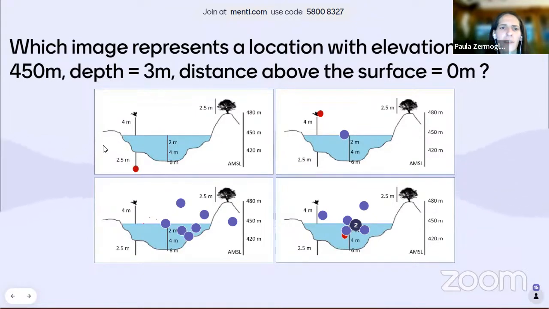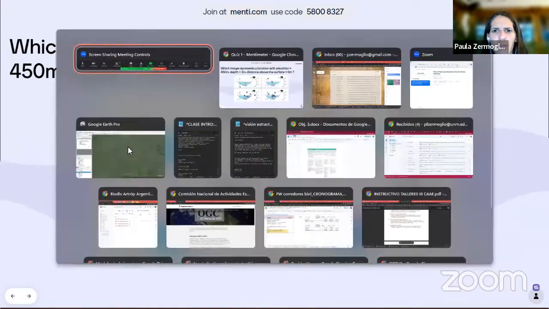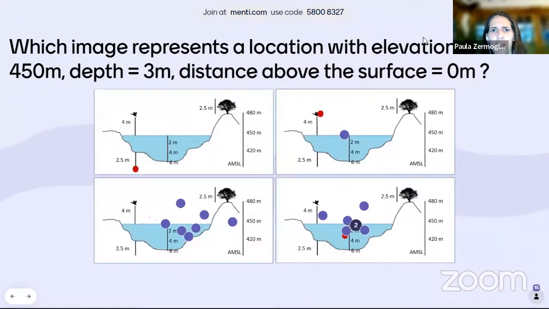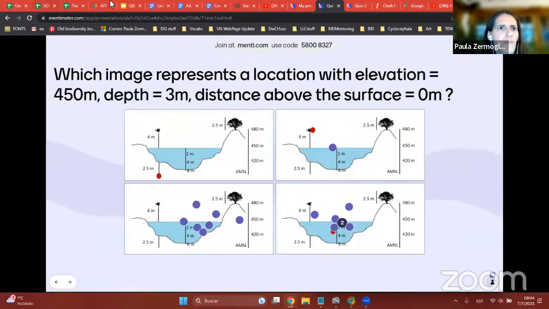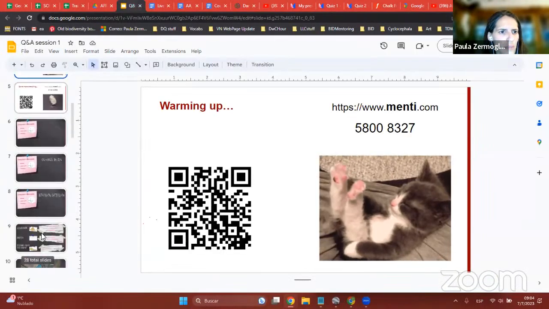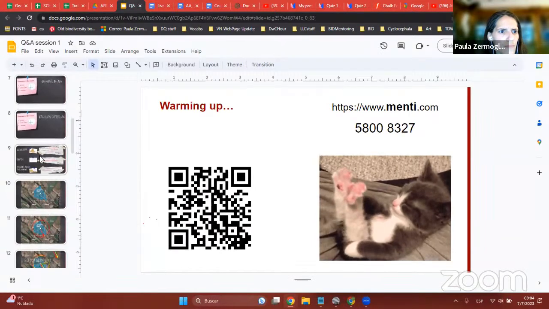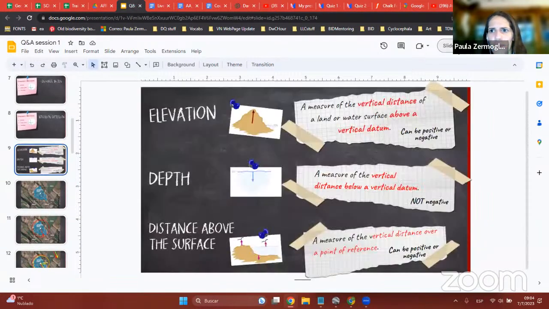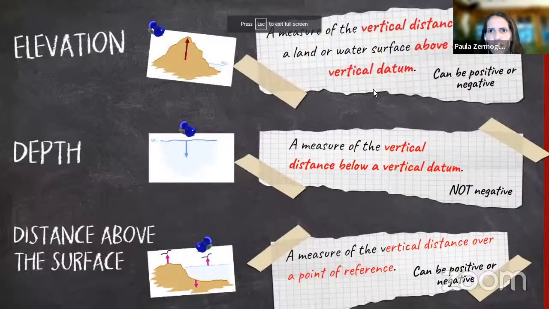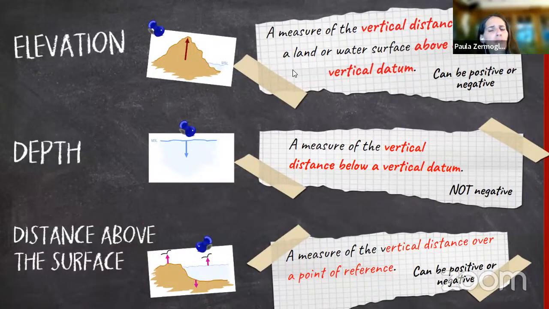So let me go back to some concepts here. Let me see if I can go back to the presentation. This one. So just as a reminder, elevation is a measure of the vertical distance, either land or water, above a vertical datum.